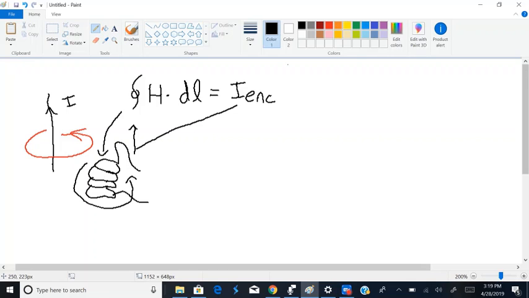Now, from this relationship, we can derive the magnetic field around an infinite plane.